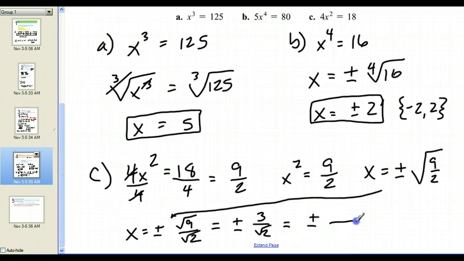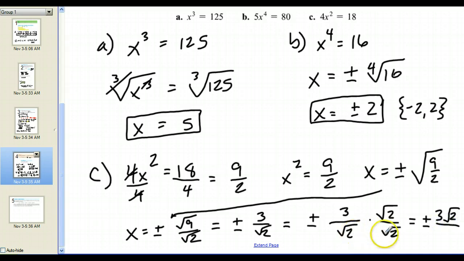Then I'm going to rationalize that denominator. I multiply top and bottom by the square root of 2, and that gives me my final answer: 3 square root of 2 over the square root of 2 times the square root of 2, which is 2. So there's my final answer there.